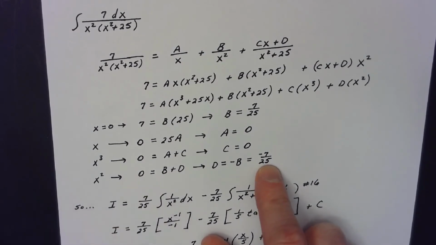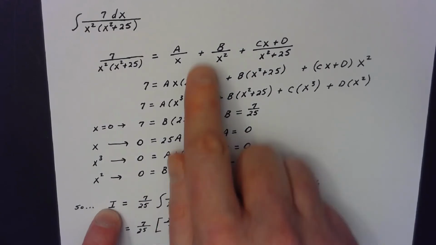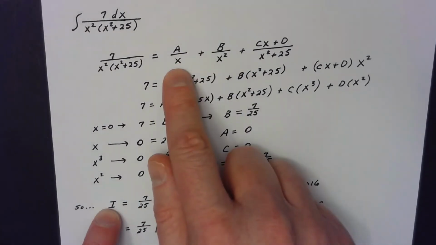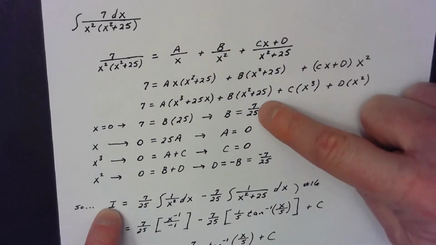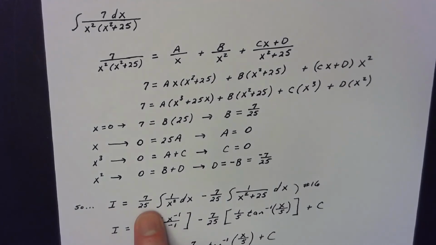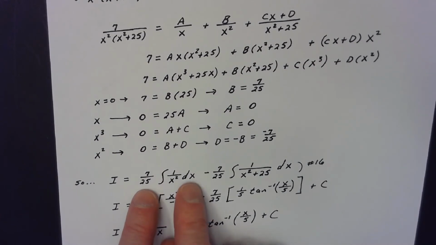So now I go into my problem. This original integrand, I'm calling I the original problem, it's equal to the integral of all of this. Well, the A term canceled out, so that term's gone. We said B was 7/25. Notice what I did. I said I'm going to factor a 7/25 out of the integral of 1 over x squared dx.